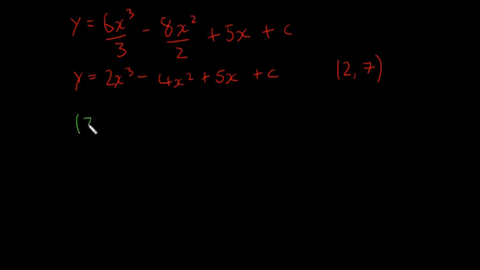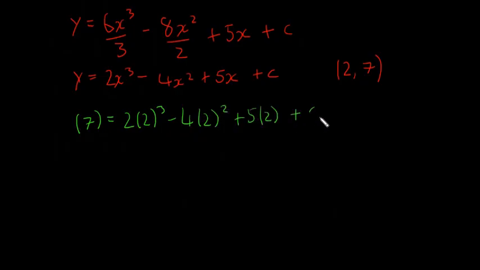So it's going to be 7 is equal to 2 by 2 cubed minus 4 by 2 squared plus 5 multiplied by 2 plus c. So I'll just work that out. It's going to be 16 minus, that's also going to be 16, plus 10 plus c.